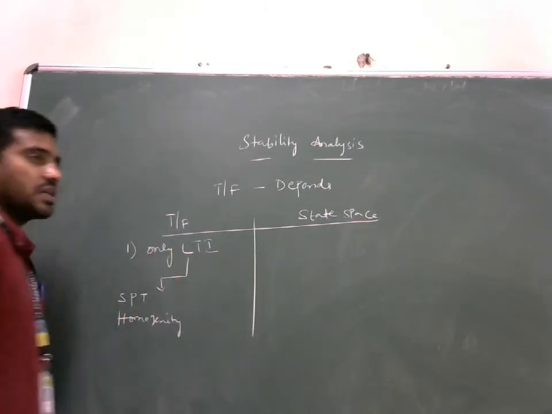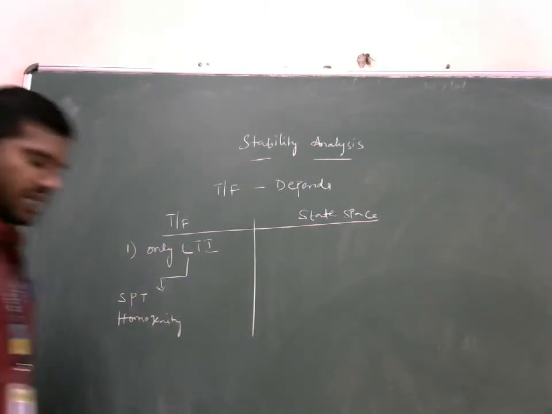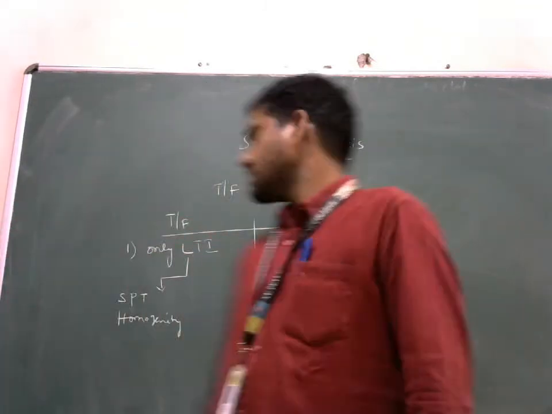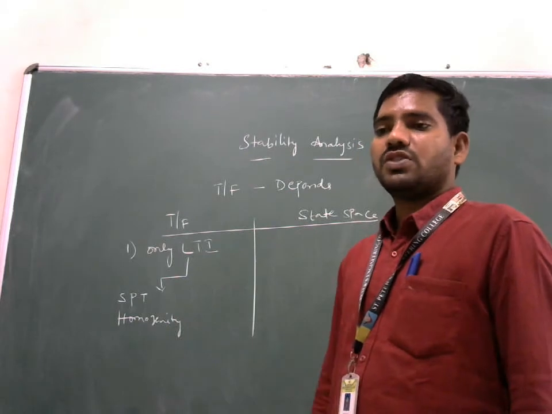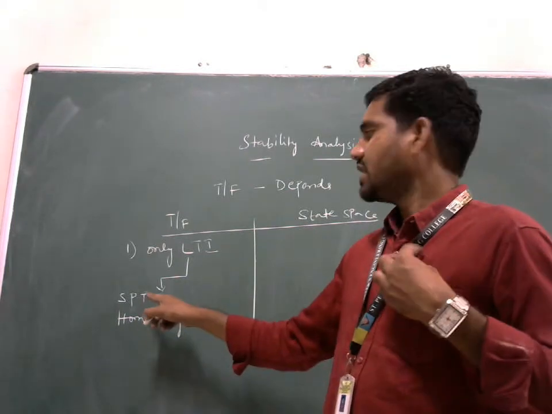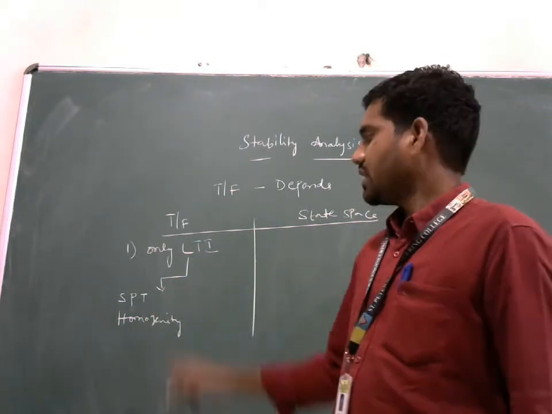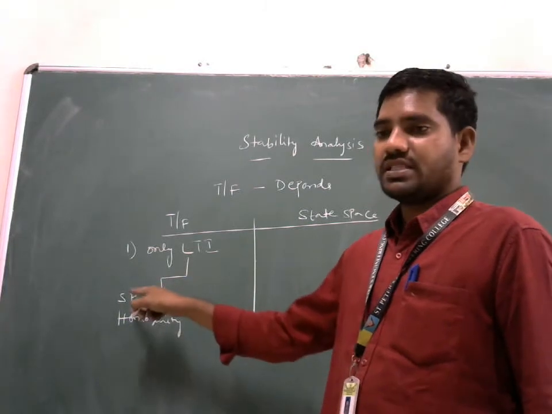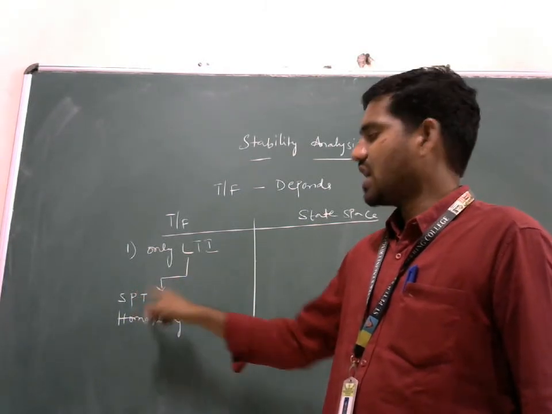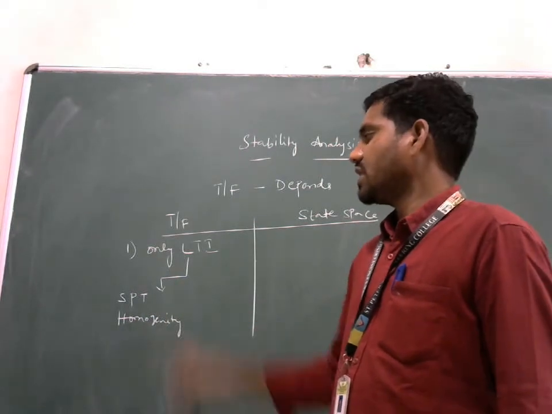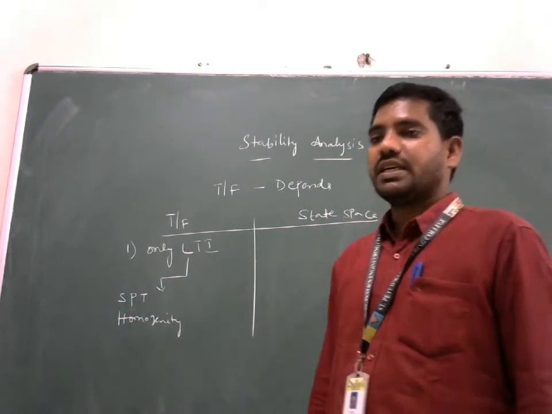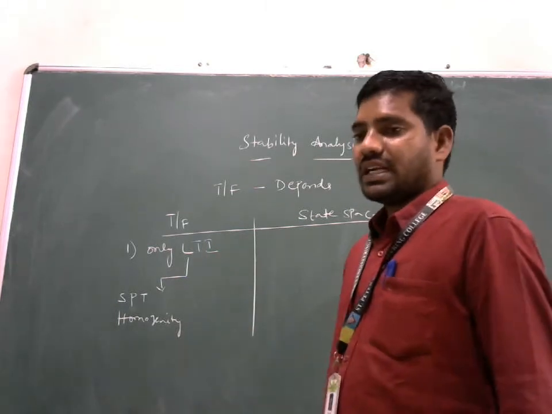A system is linear if it satisfies the principle of superposition theorem and the principle of homogeneity, then only we can call it a linear system. Is it clear or not? The next one is time invariant.